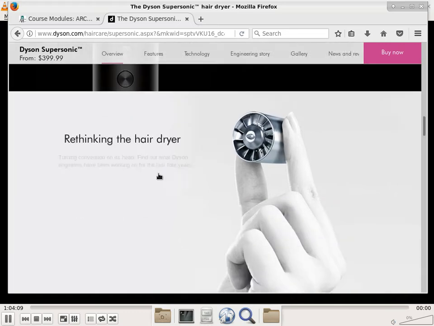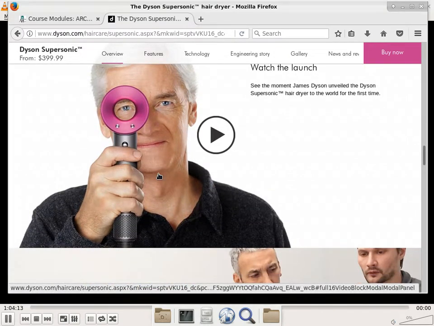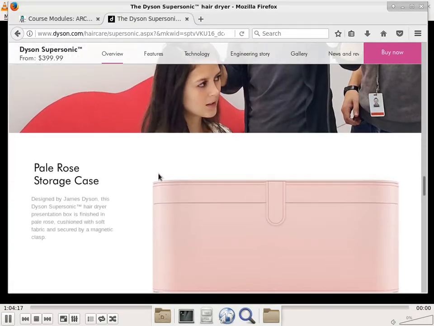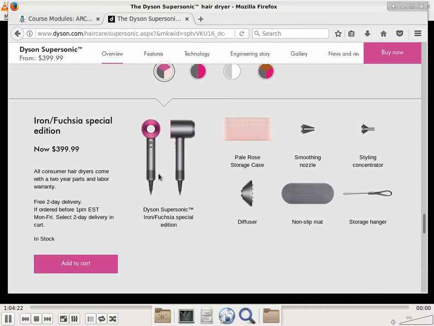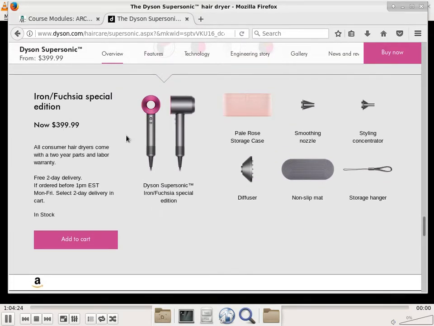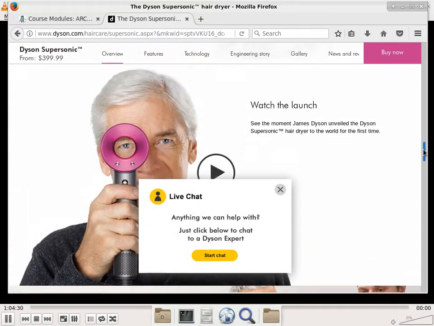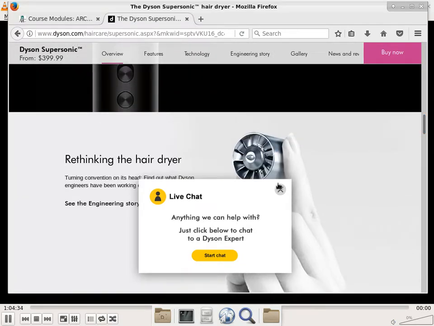Okay, so let's look at the specification. I wouldn't do that with a hair dryer. If you value your eyesight, you may not want to do that. Okay, I want the specification. $400 for a hair dryer. That's with attachments. It's cheaper without attachments. But what about the power consumption? I just need the specs. Technology.